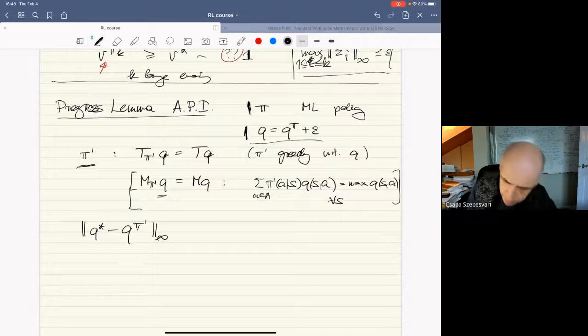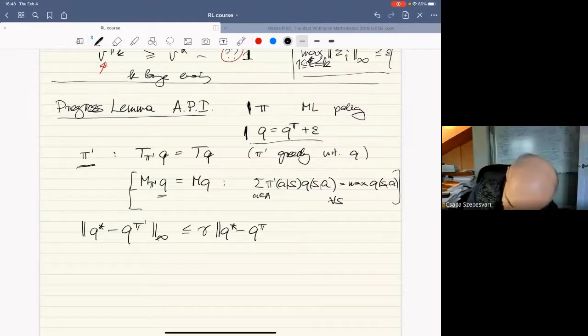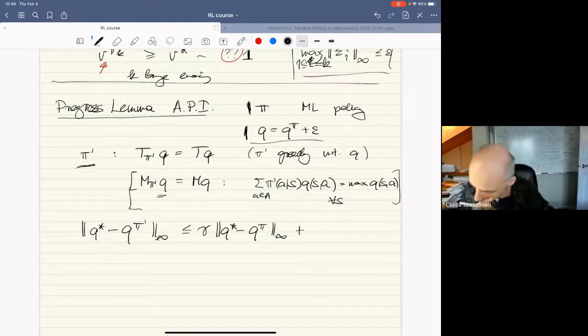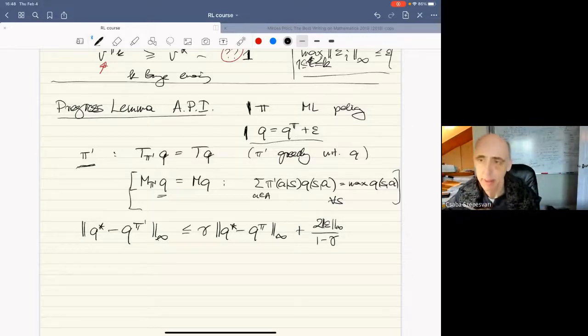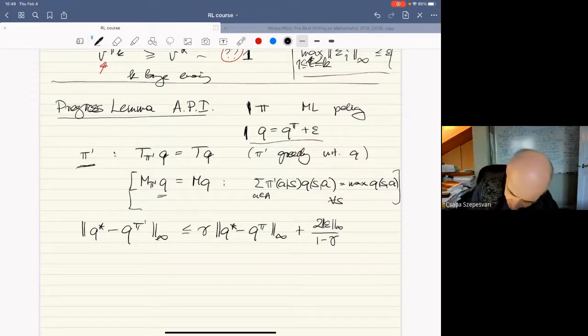The distance between q star and the action value function of the new policy is not much more than gamma times the distance of the similar quantities, but just for the previous policy, plus some error. So this is what the progress lemma says.